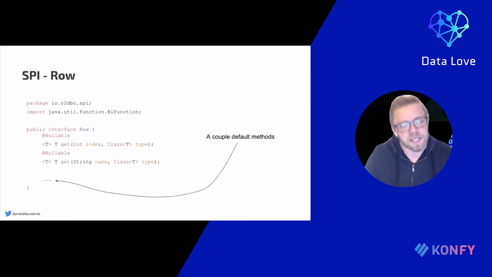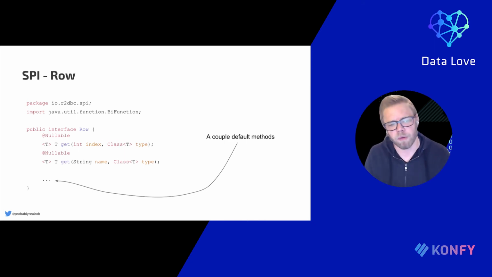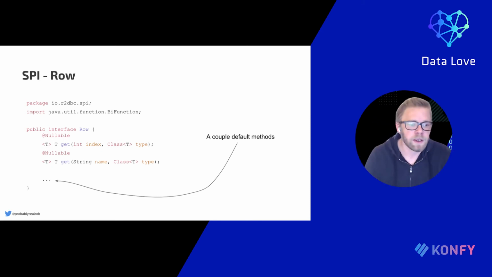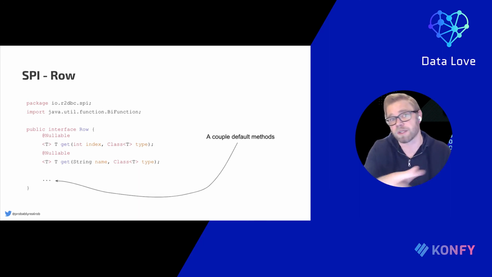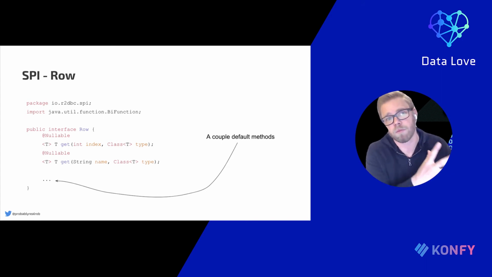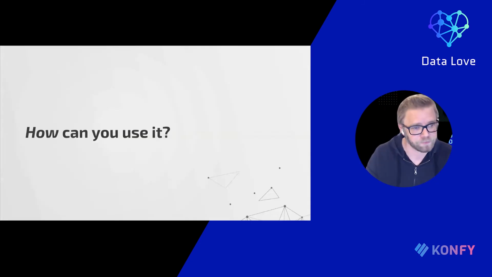Inside of that row, you can take a look at specific indexes by name or by number and pull out the value that's indicated for that collection of tabular or relational data. These are things that you're probably already familiar with, but it shows the similarities: it's pretty much the same as how you'd expect to communicate with a JDBC driver. You're just doing it in a reactive fashion.